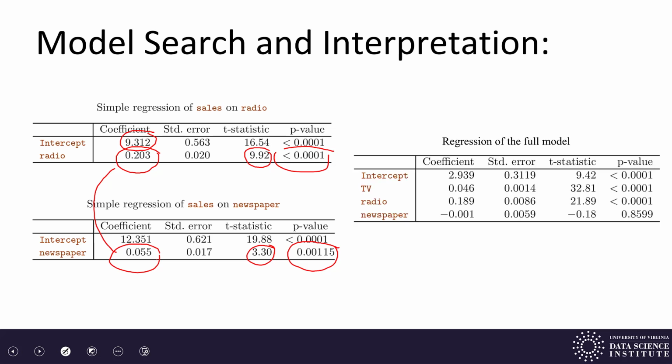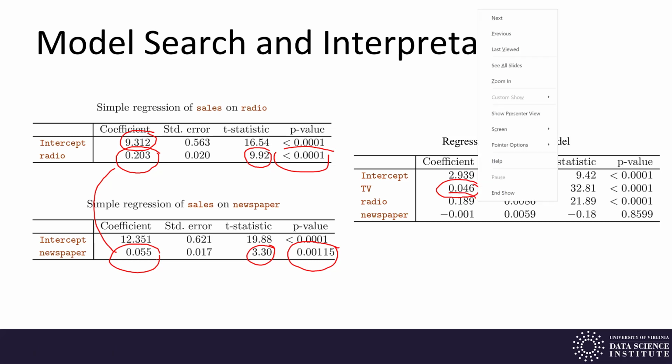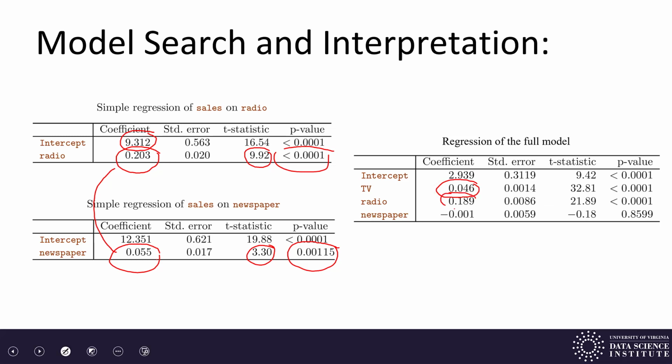Now when we do regression on the full model, we get a more complete and more interesting picture. Going through the coefficients first, TV has a positive relationship, so TV advertising influences sales in a positive way. Radio advertising influences sales, with a coefficient of 0.189.